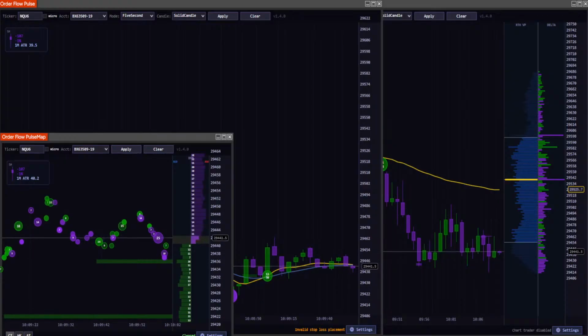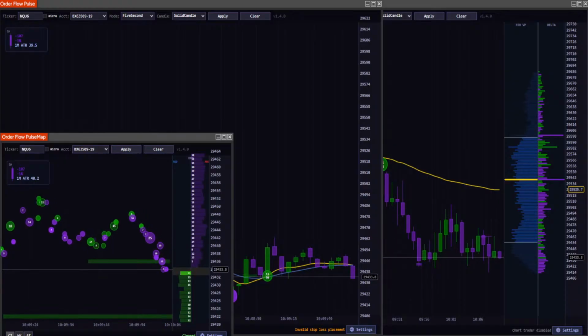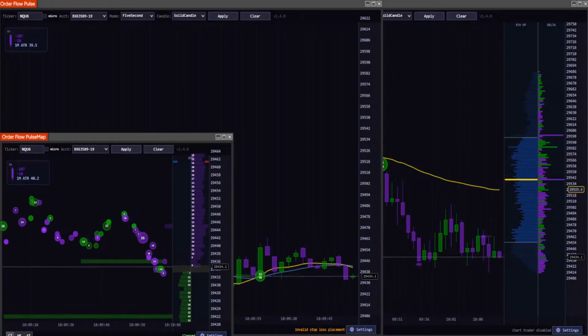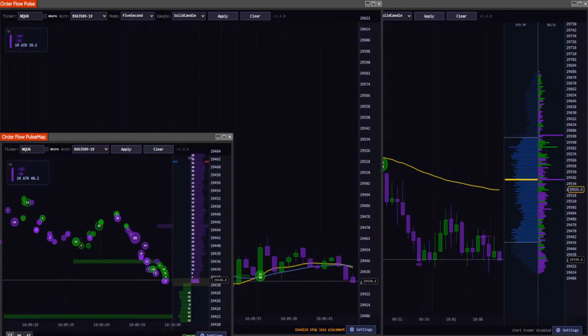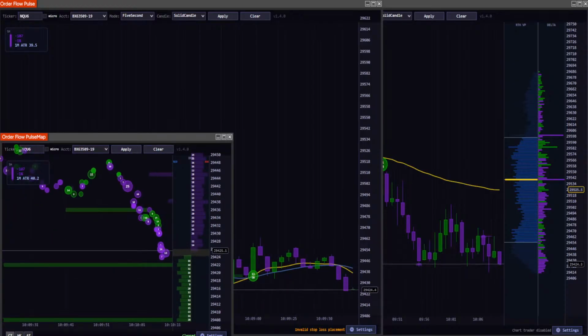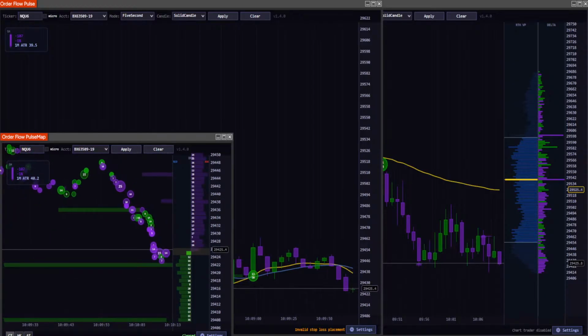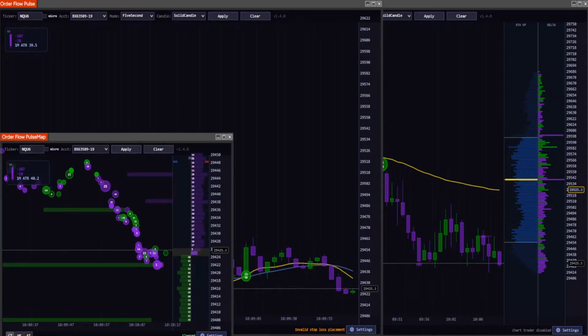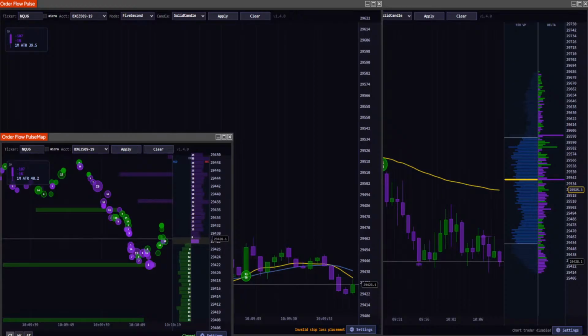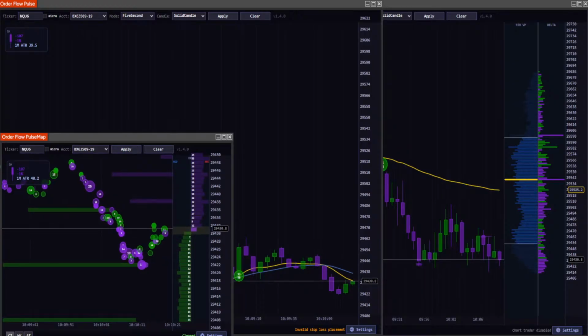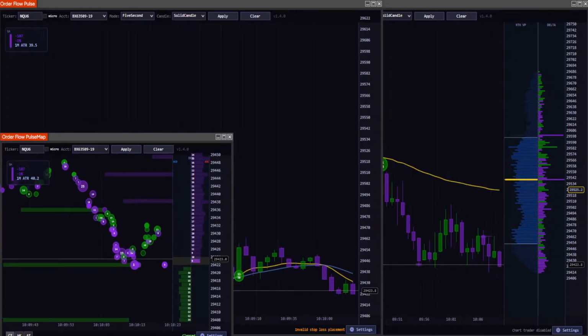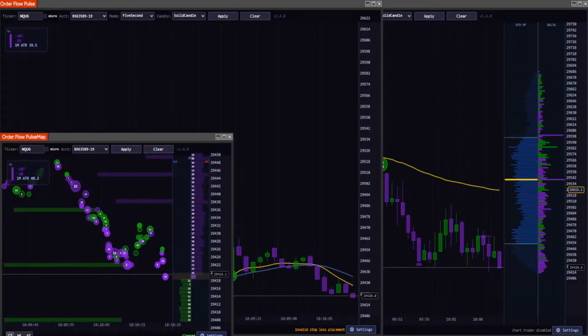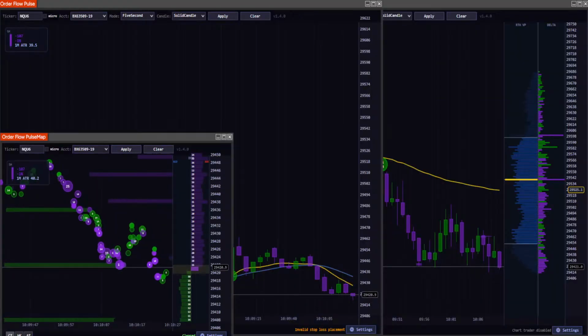If you look at the 1 minute on the right, we're just kind of right in between. That is just not all that great. In order to move up, what I would really like to see is some strong buyers. Some strong aggregated buy.